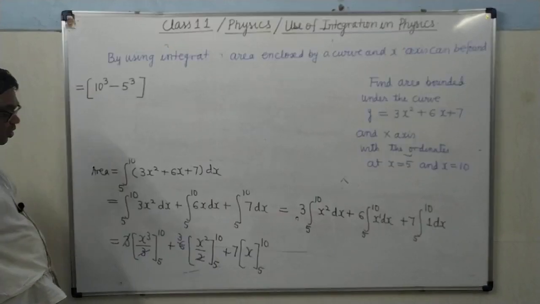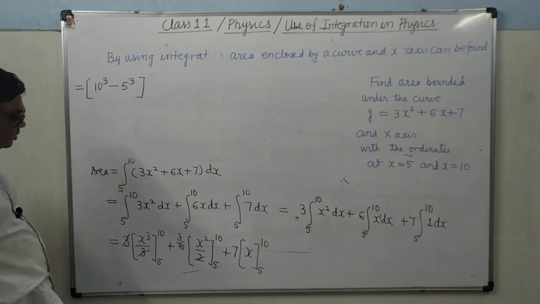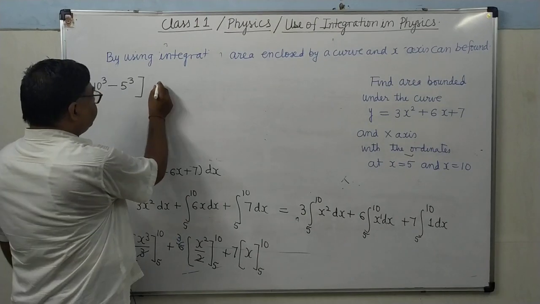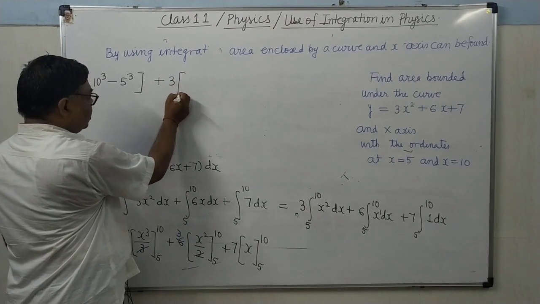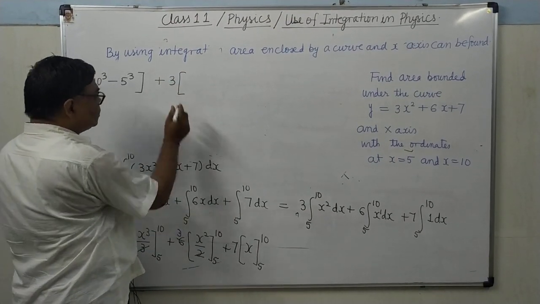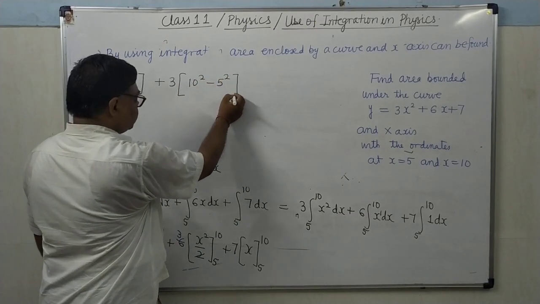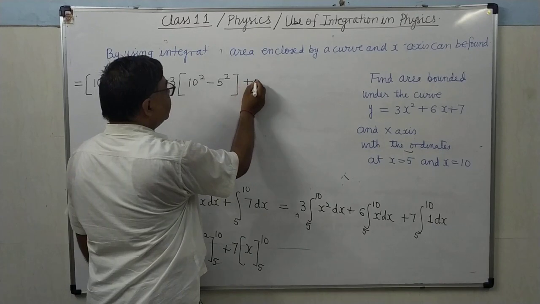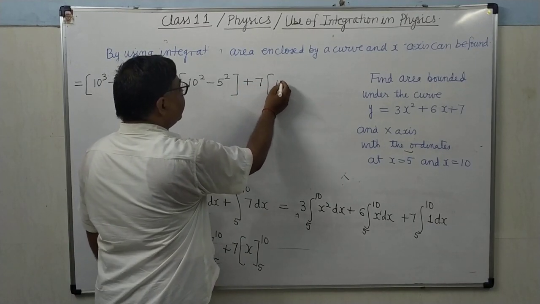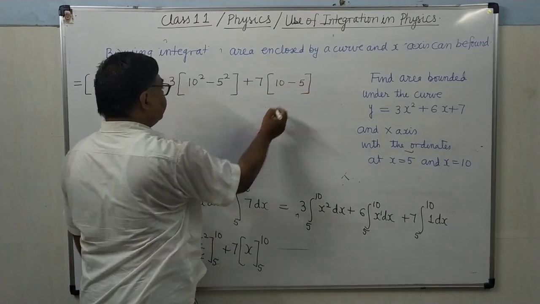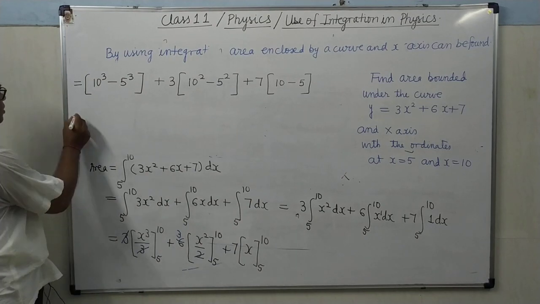Upper limit is x equals 10, lower limit is x equals 5, then plus 3. Here its value at x equals 10, that is 10 square minus 5 square. Here it will be 10 minus 5. You simplify this.